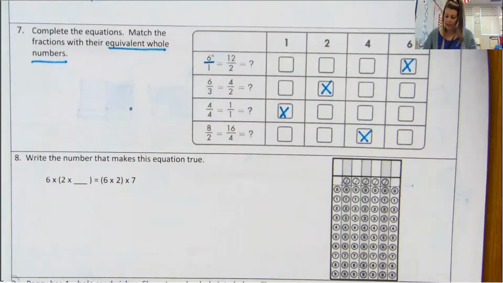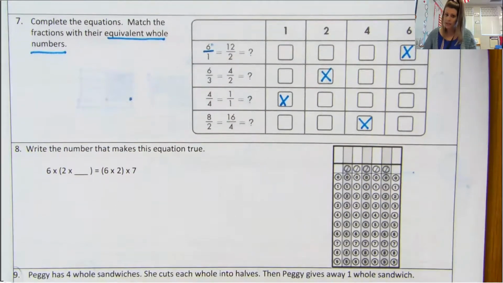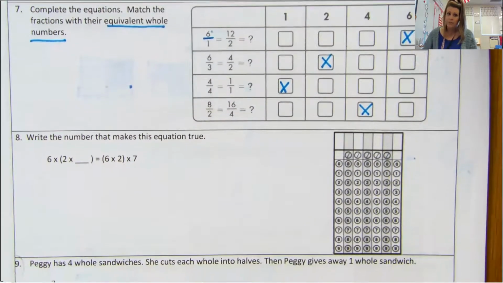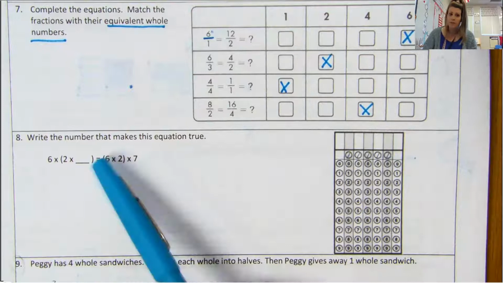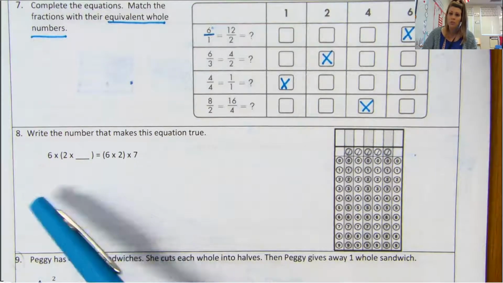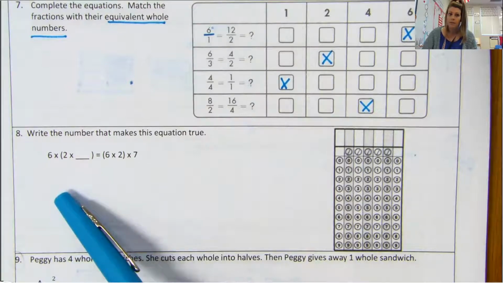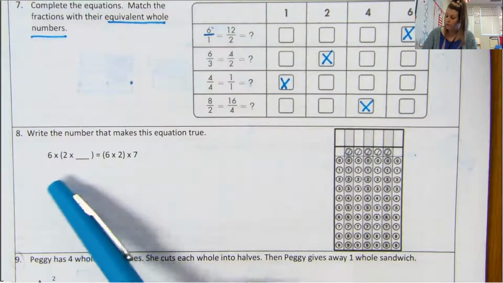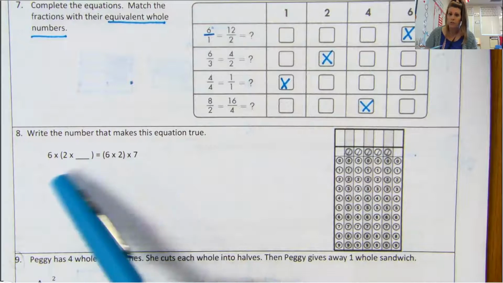All right, number 8. Write the number that makes this equation true. This is a property that we talked about a long time ago, the associative property. Okay, what do you notice about these two equations?